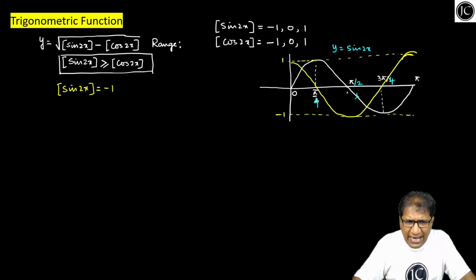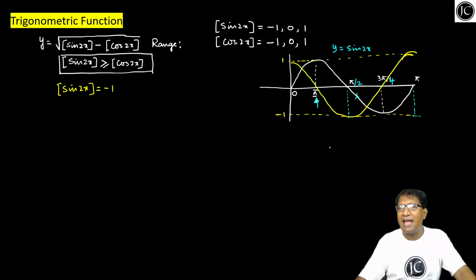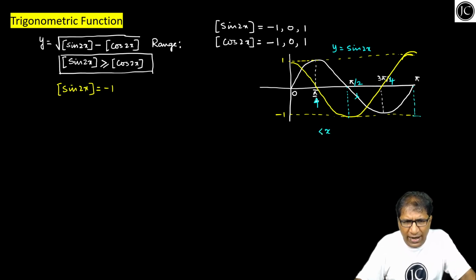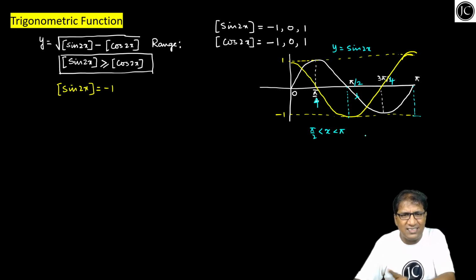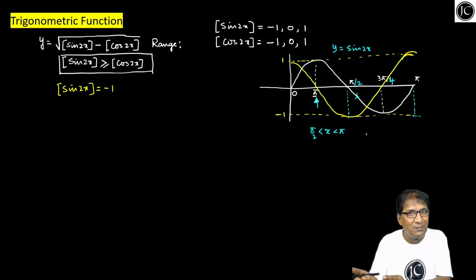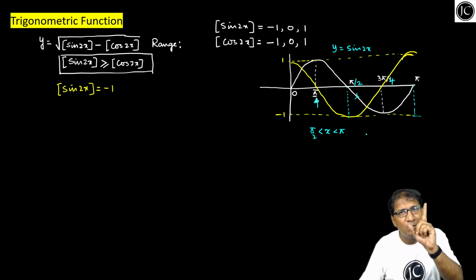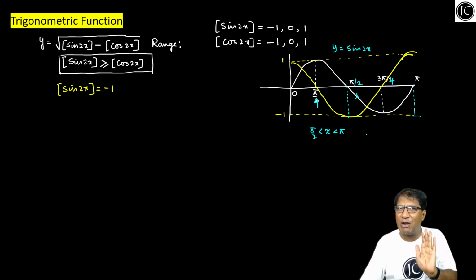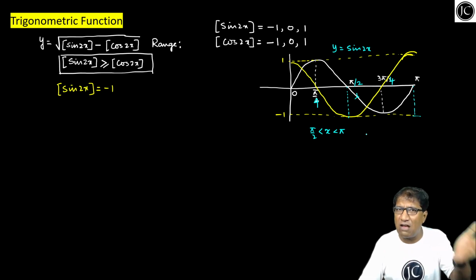We can observe very carefully that when x is lying between pi by 2 and pi, your box of sin 2x will assign the value minus 1, because for all the values ranging from pi by 2 to pi, sin 2x is assigning a value between minus 1 and 0. Therefore, its greatest integer function will be equal to minus 1. In this case, it is box of sin 2x.